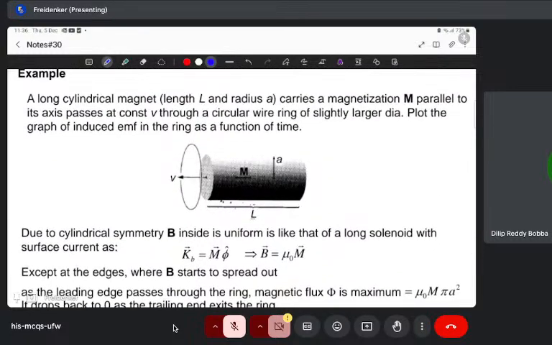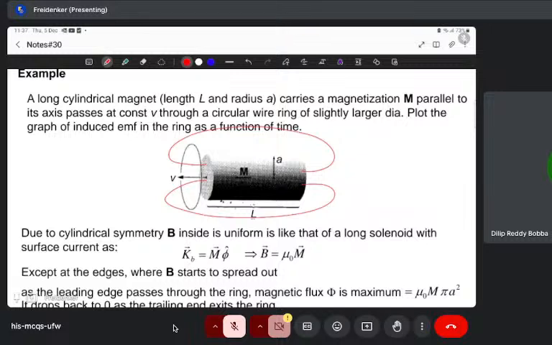Okay, you have some material with magnetization M. So it would look something like this, no? So as the cylinder moves closer to the loop, what will happen?